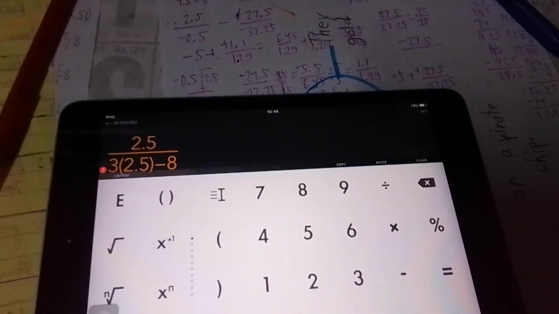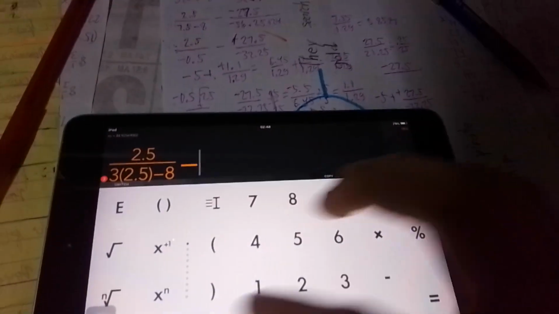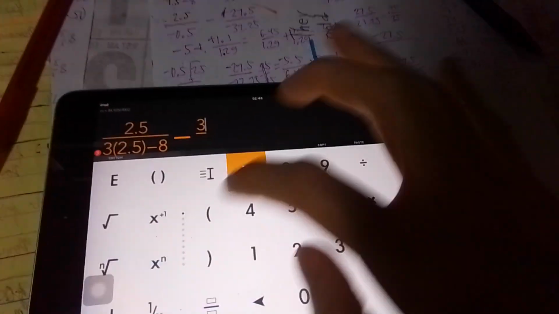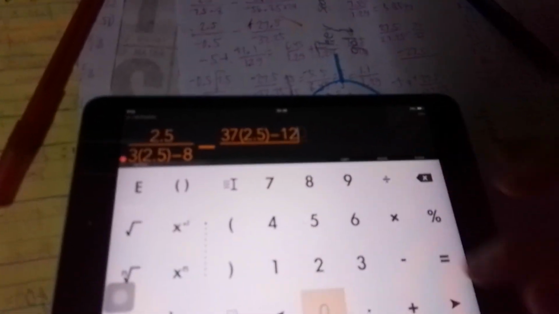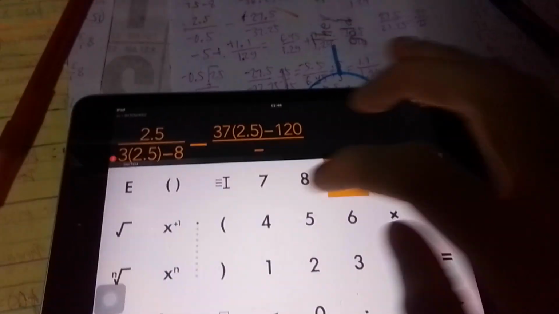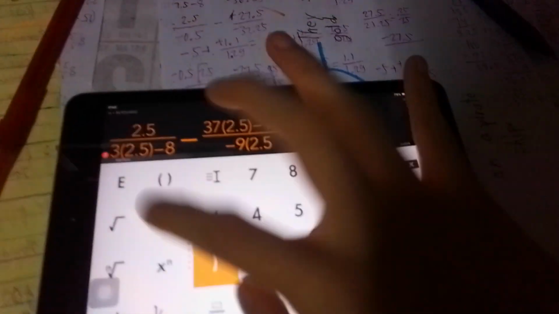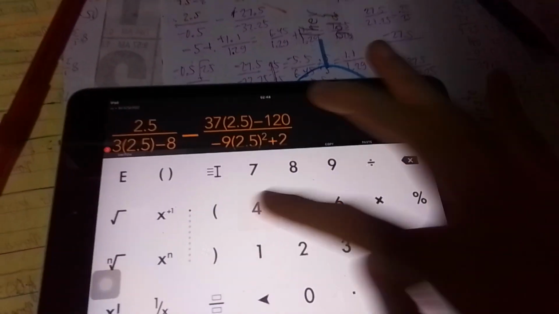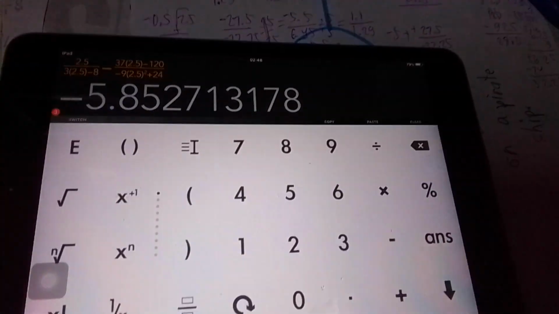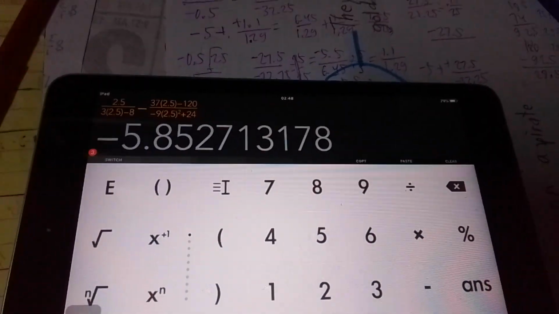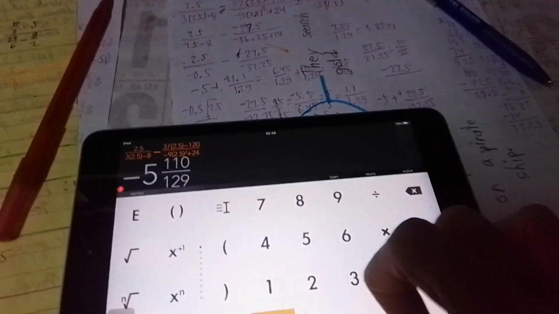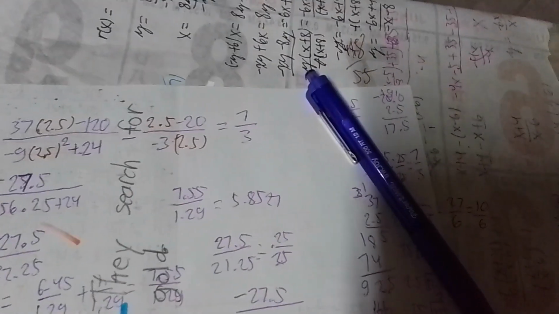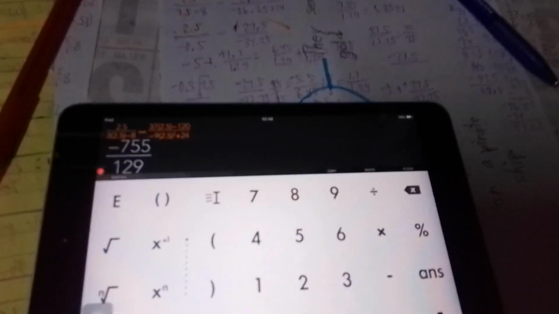That's the first part. Then it's subtracted by 37 times 2.5 minus 120, all divided by negative 9 times 2.5 squared plus 24. Yes, correct. The answer that we got is way extraneous. It's negative 5.85 something, which is not the same as 7/3 which we got. So both of the solutions are extraneous.